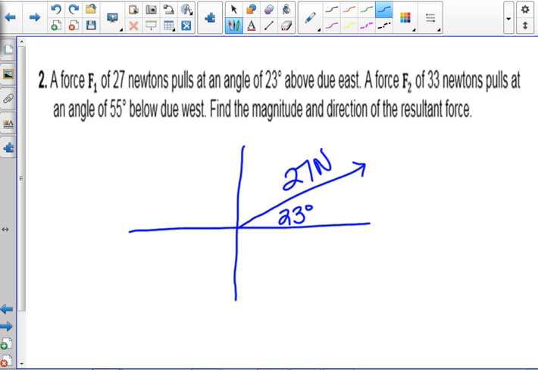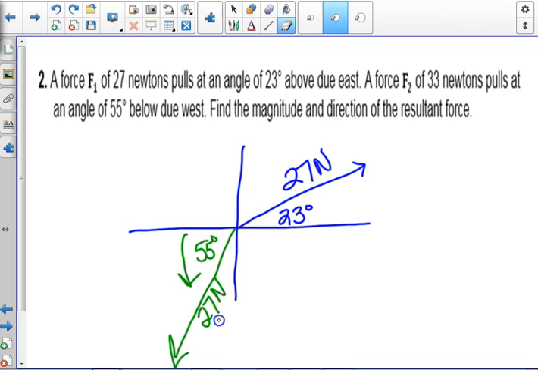I kind of like this question because I like my analogy that I'm going to use in a second here. It says a force of 33 newtons pulls at an angle of 55 degrees below due west. Okay, that's over halfway. It's kind of doing this way. 55 degrees below due west, which is really weird. But this is how I envision that. Oh, that was supposed to be what? 33 newtons? Not 27?